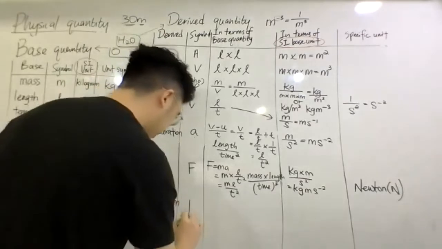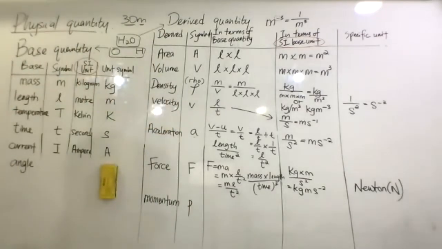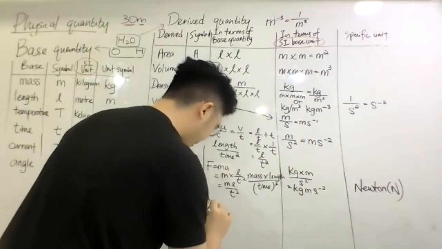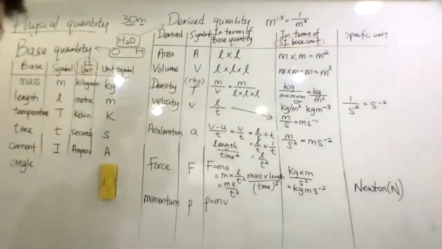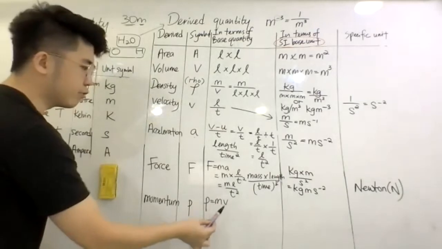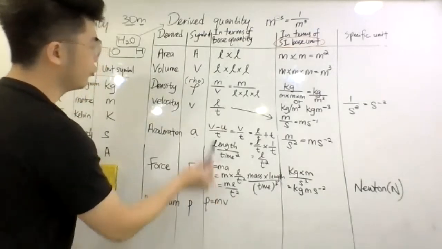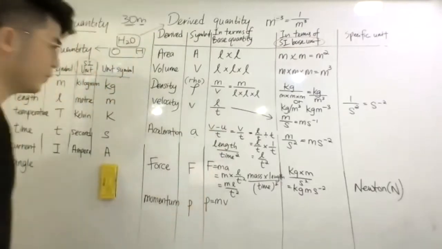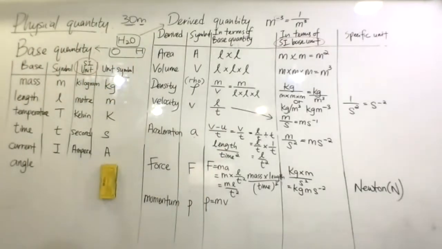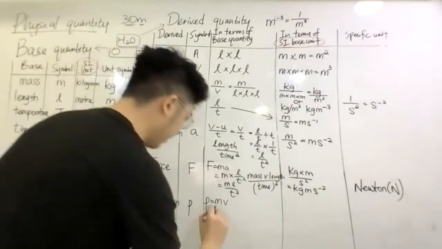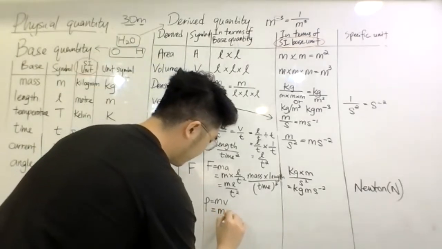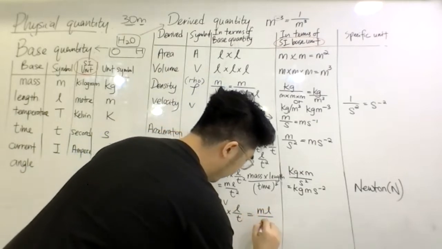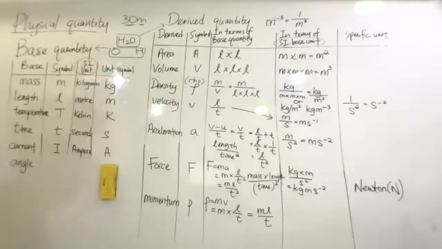Momentum. Now you should know momentum. The formula is p equals to mv, right? mv. This is a base. This is not a base. Break this down. What is v? V is L over T. So this is m times L over T, ml over T. This is momentum.